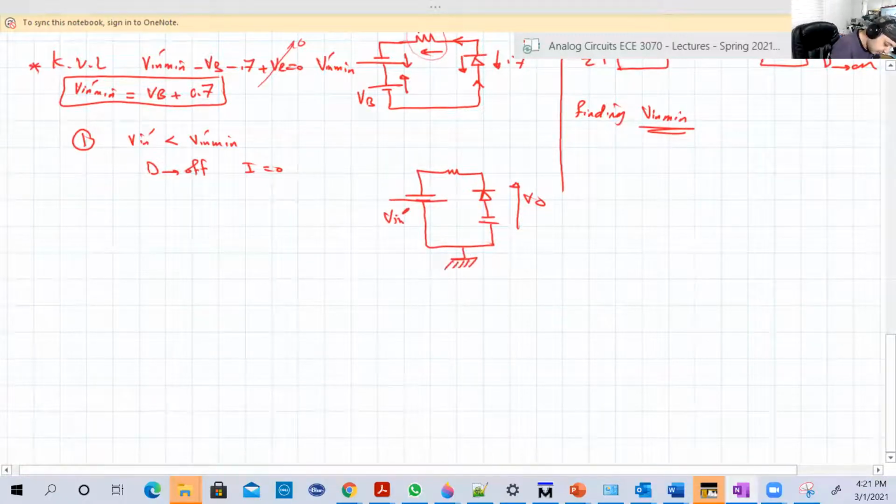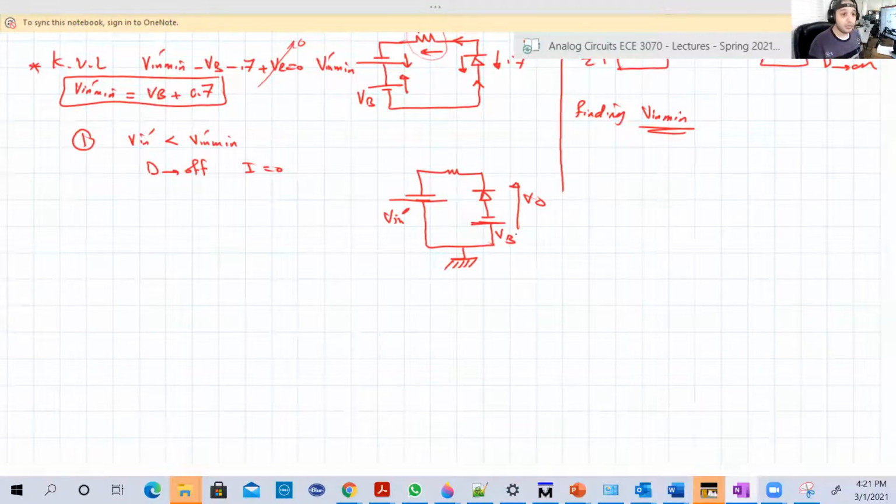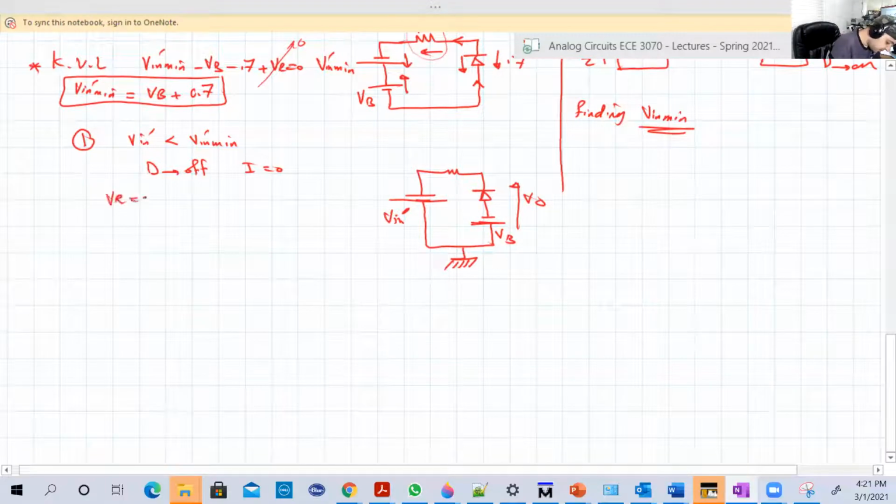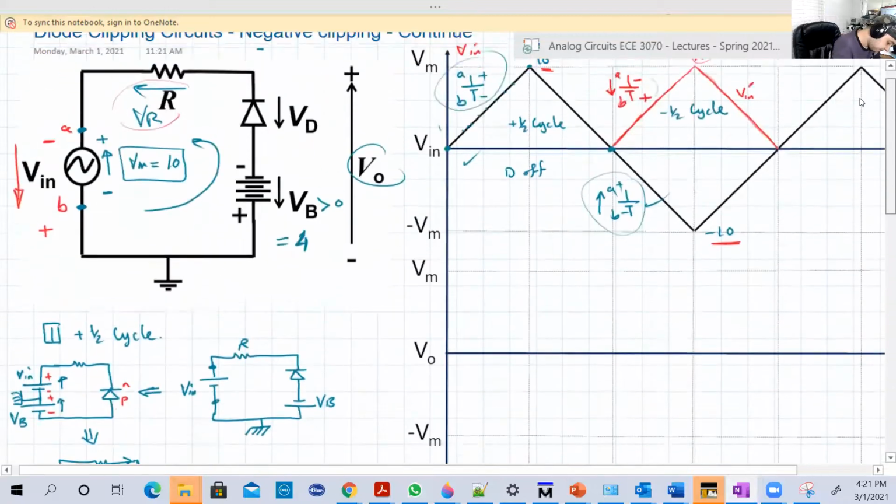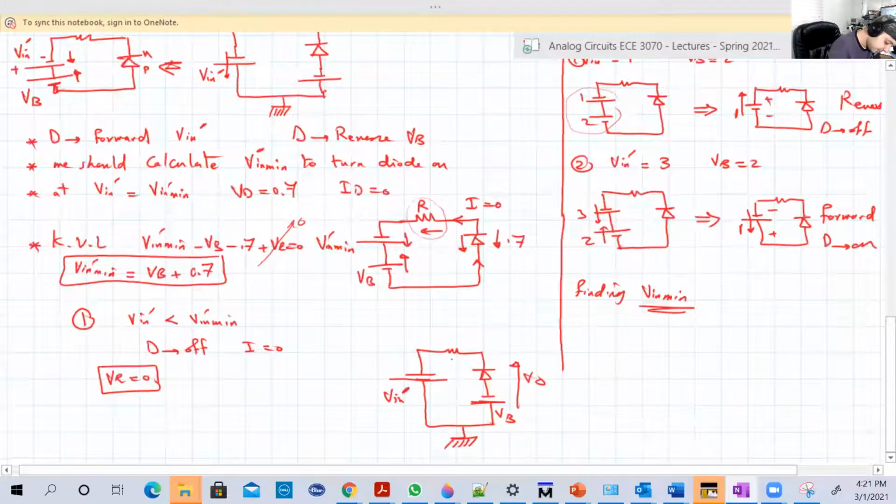And here is the ground. So when V input dash is less than V input dash minimum, I is 0, so Vr is 0.